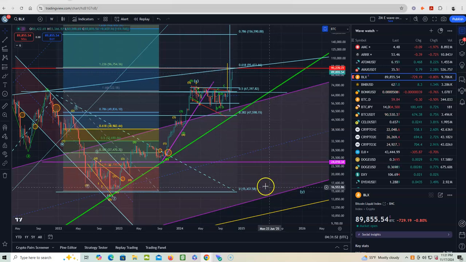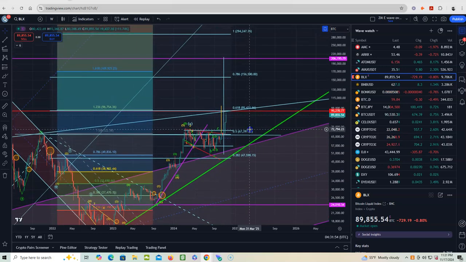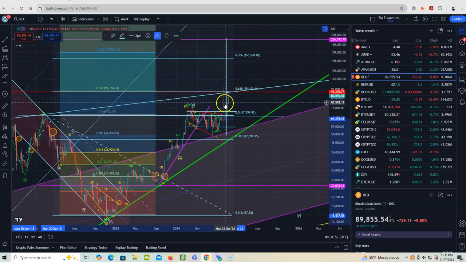If you want to be bullish, go ahead, be bullish. But this is the scenario that I believe is most likely. We have a W, rejection X, and Y, and we'll see if we get the rejection and reversal now.